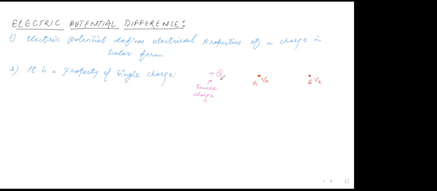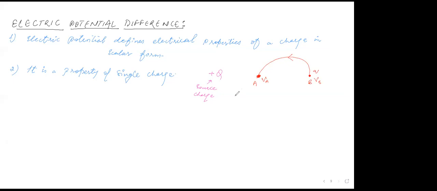Because it is a positive charge, and the charge placed at B is also positive in nature. So repulsion. But we are going to transport this charge from B to A. Then this work has to be done by an external agent. How is this work done possible? This work done is possible by external force. Are you clear or not?